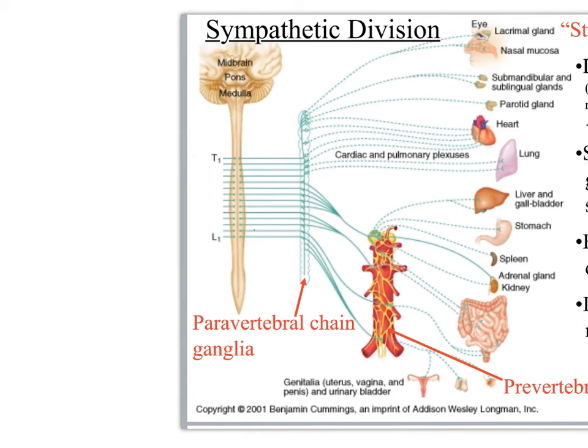The first one is directly in the paravertebral ganglionic chain. Basically you've got your pre right here, it's going to come over to here. Now this is representing the paravertebral chain.